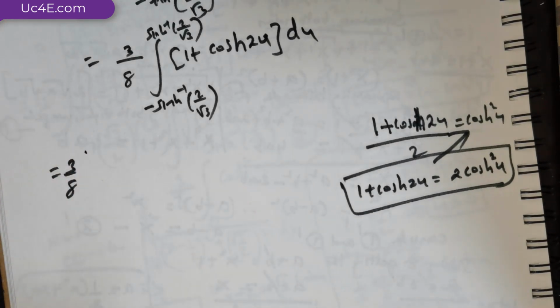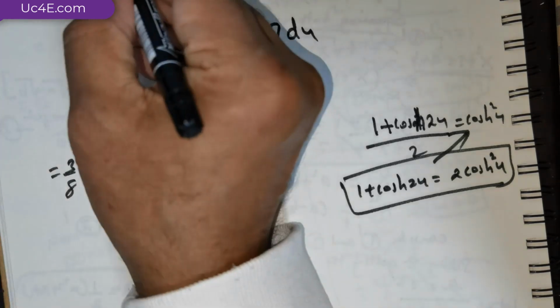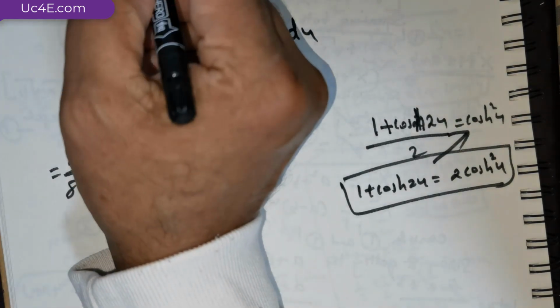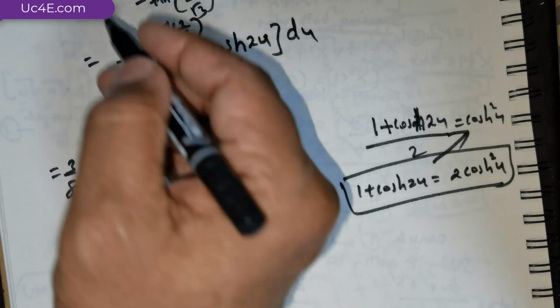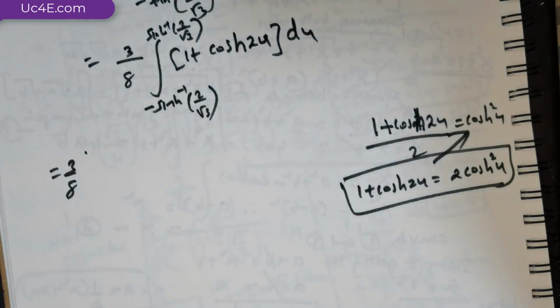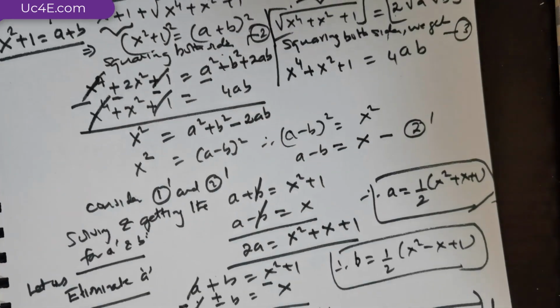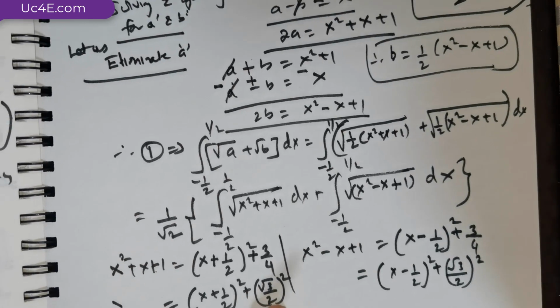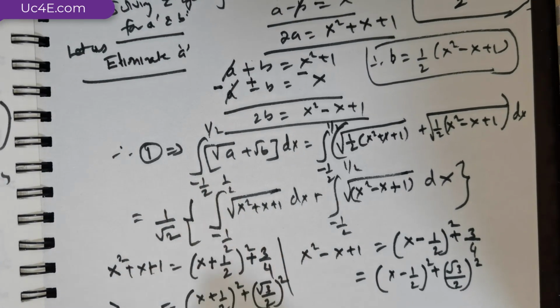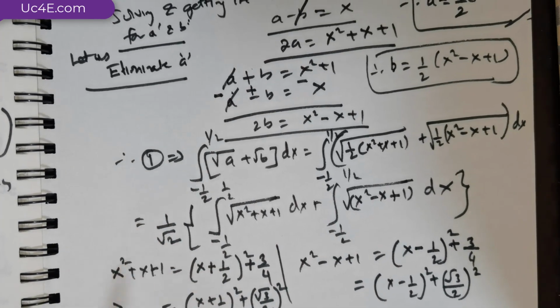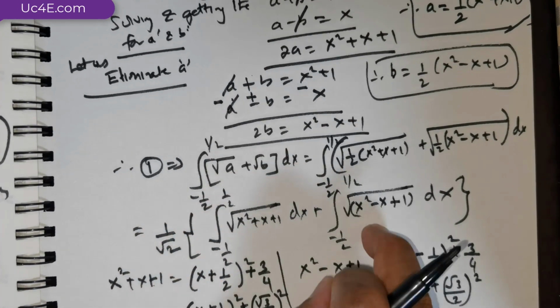Now you have to have in mind that this entire integral has 1 over root 2 outside. I am not taking that 1 over root 2 as yet. Let me show that to you over here. You see that this has got 1 over root 2. So I am not taking that 1 over root 2 as yet. I'm just dealing with this and this together.